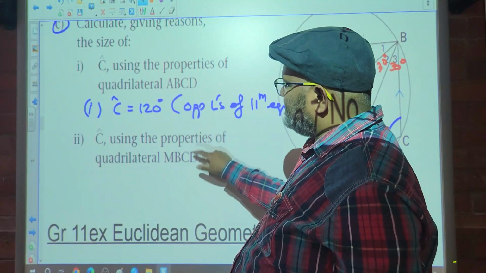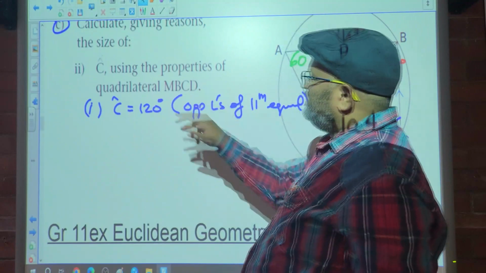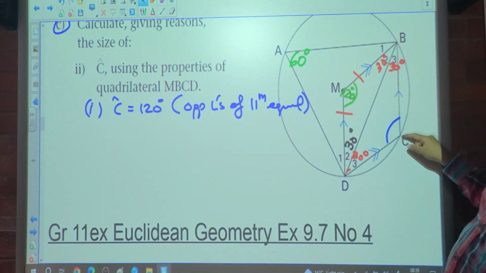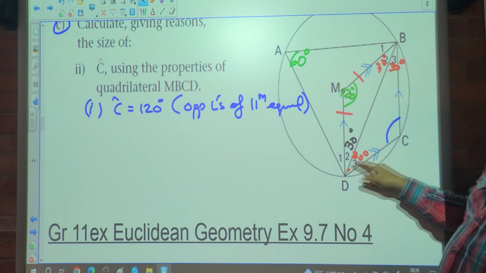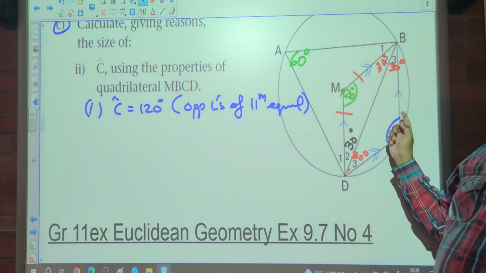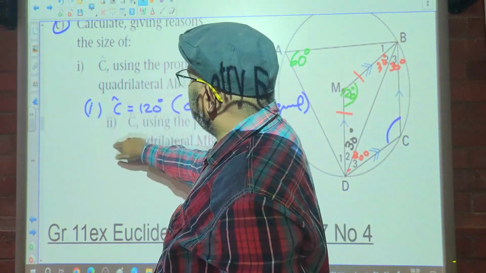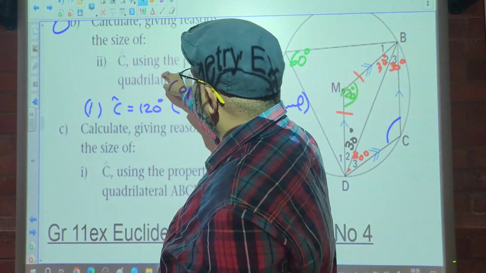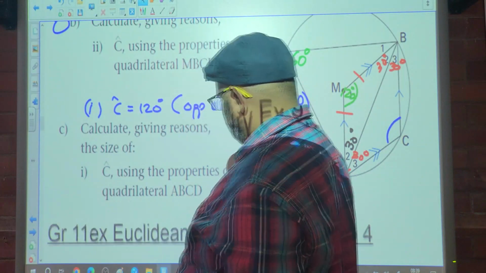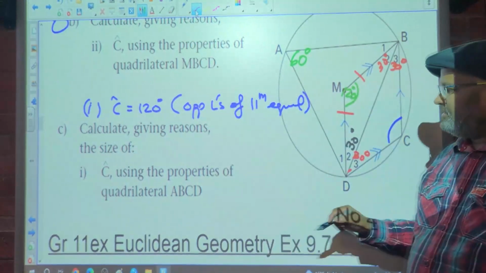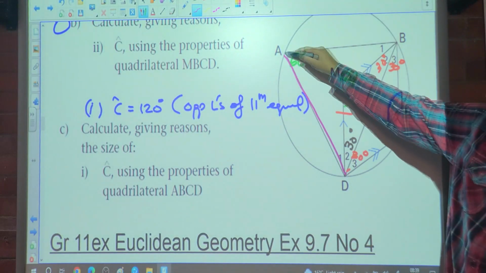The answer that I got there is using properties of quadrilateral MBCD, opposite angles of a parallelogram. So I'm coming back to A, the first one. This is the quad they are referring to here.